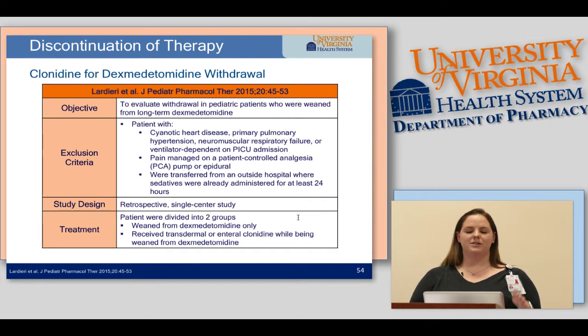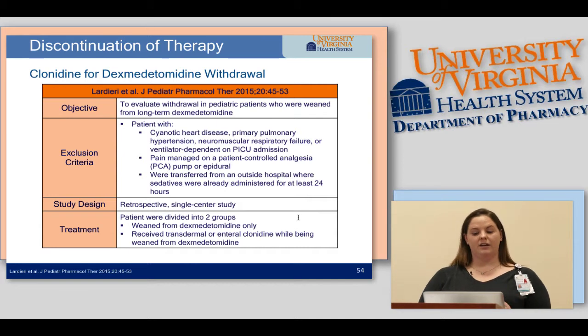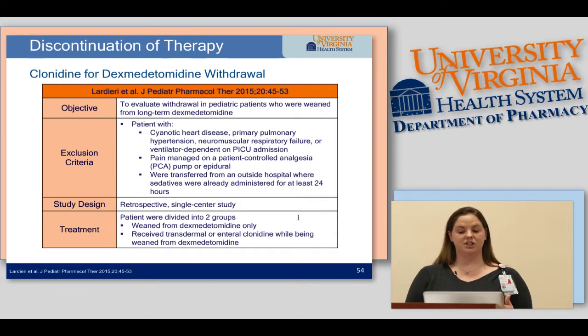However, the actual dose that it was decreased by was at the discretion of the attending physician. Also, the attending physician made the decision to either start clonidine or just stay with the dexmedetomidine wean, and they also made the decision which formulation to use.